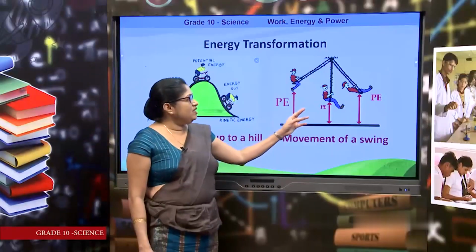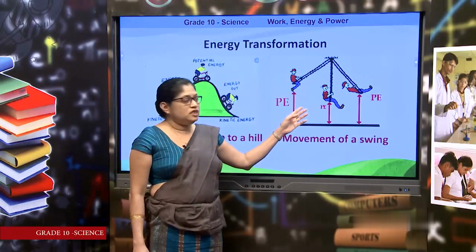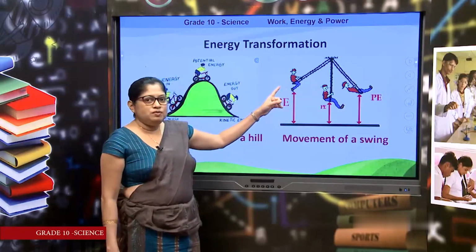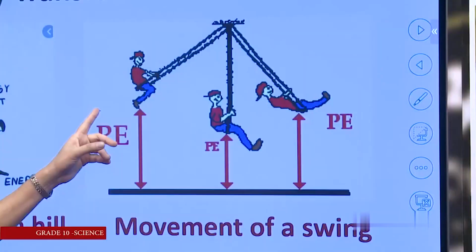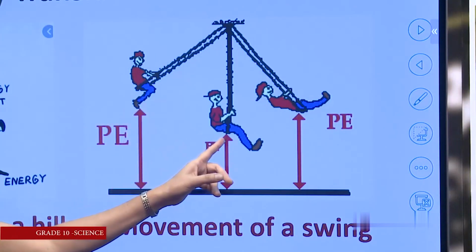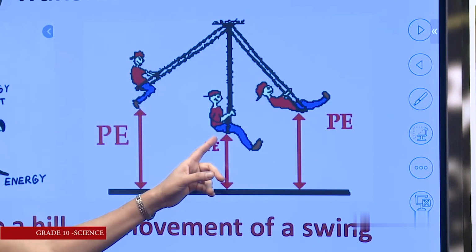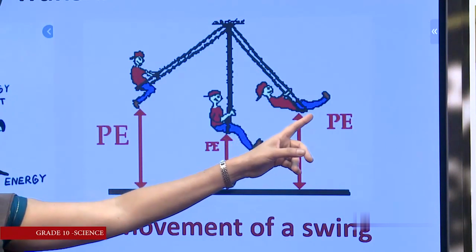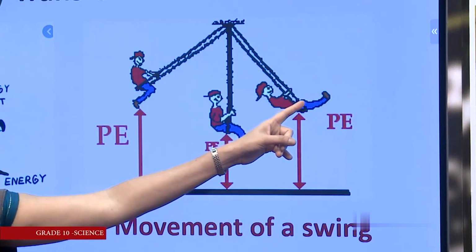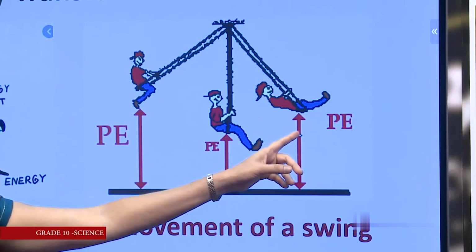Look at this picture. This is very familiar to you. This is a swing. At this point it has the highest potential energy. When you come here, you have maximum kinetic energy, and again at this point you have maximum potential energy and 0 kinetic energy.